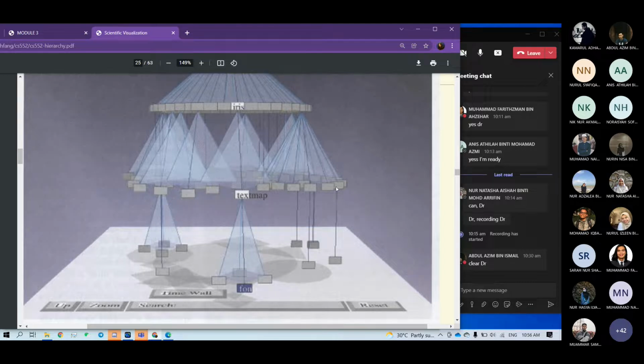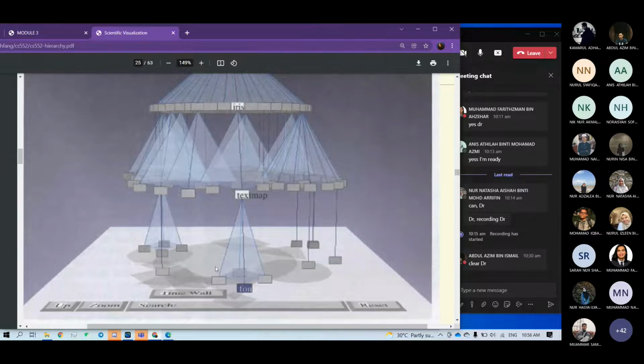Okay, some go further down for grandchildren. Some just end here. It splits again, and this information is up here, zoom. Oh, these are the things. No, these are the filtering. You want to go up, you want to zoom, you want to search. Reset.